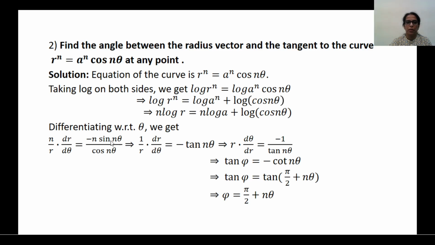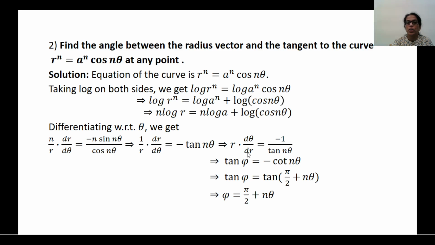Right, which implies here n gets cancelled. You will have 1 by r dr by d theta equal to minus tan n theta, which implies if you take the reciprocal, you will have r into d theta by dr. Reciprocal of this is minus 1 by tan n theta. But what is 1 by tan? It's cot. Minus cot n theta.